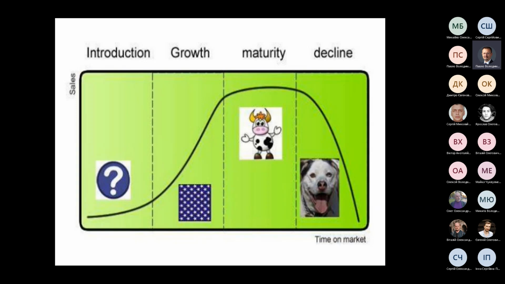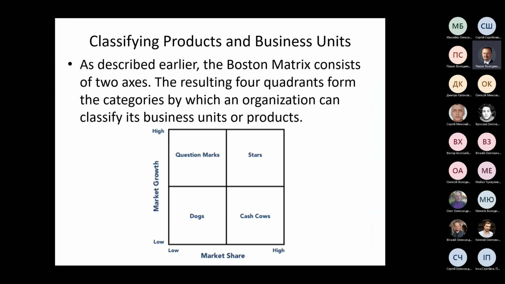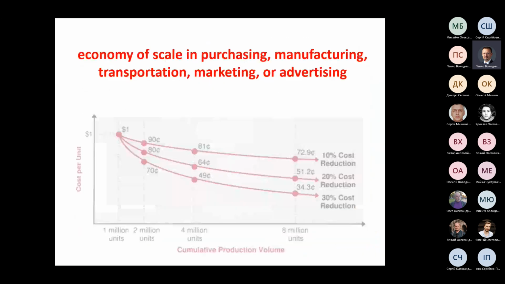For example, now our market share is the biggest, but we are producing 2 million, while the general size of the market is 5 million. But the market is growing rapidly.